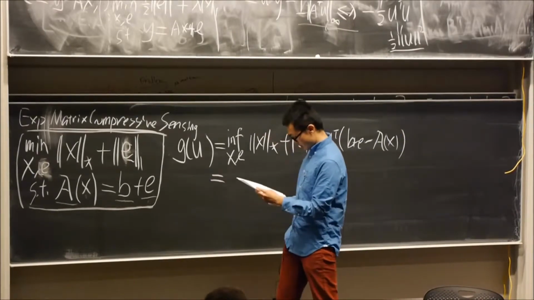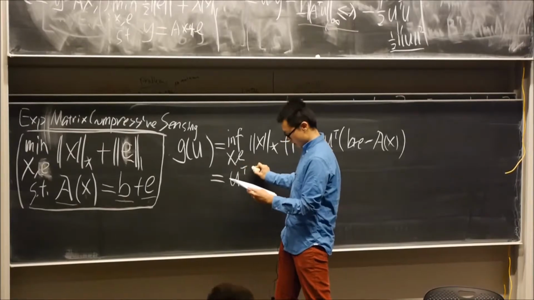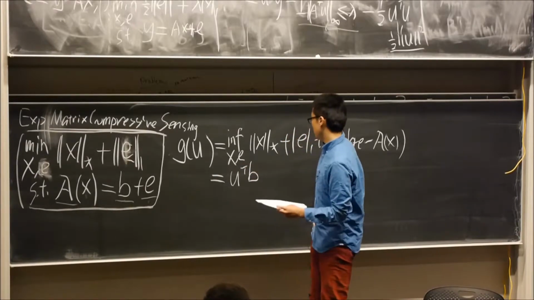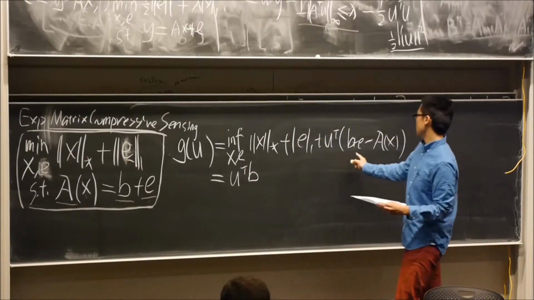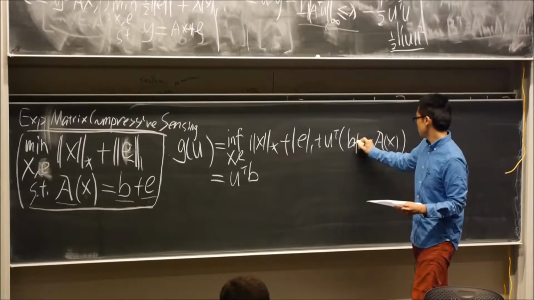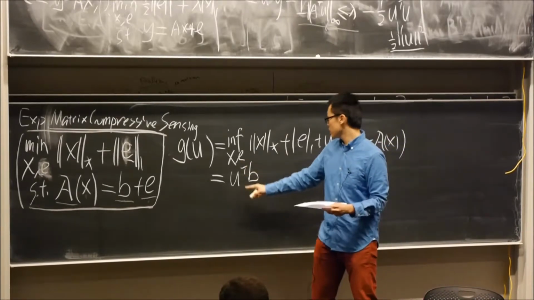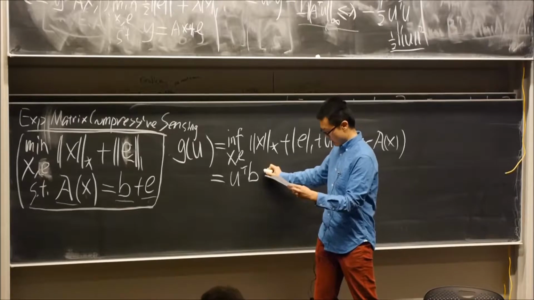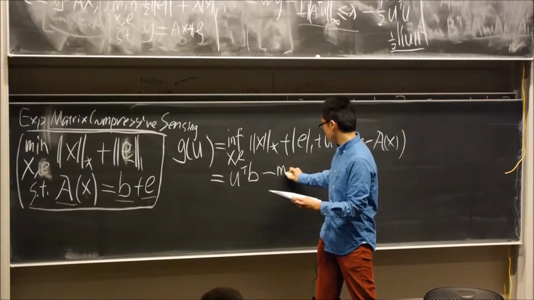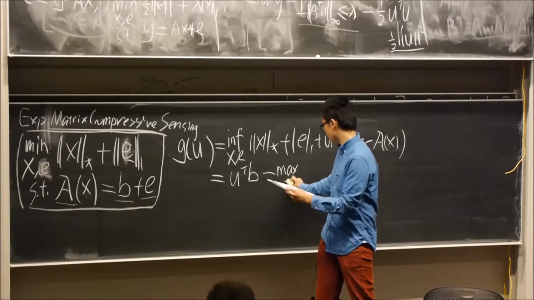And by applying the same trick, we can extract the term that is not relevant to x and e out first, and then invert the sign. So now we have a max or sup, whatever.